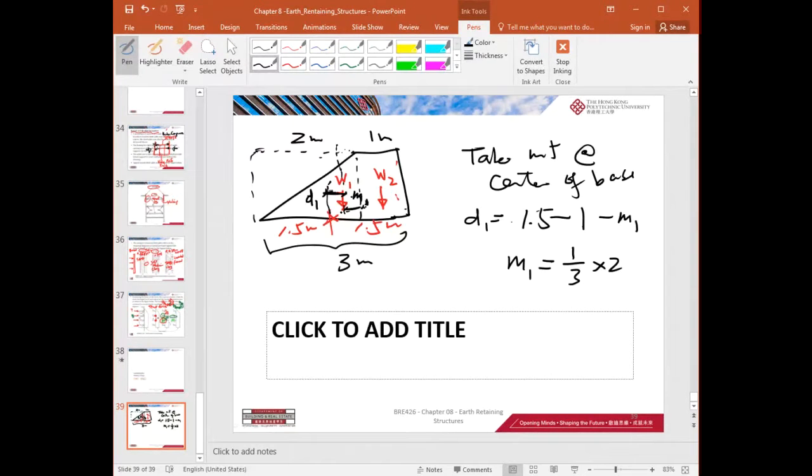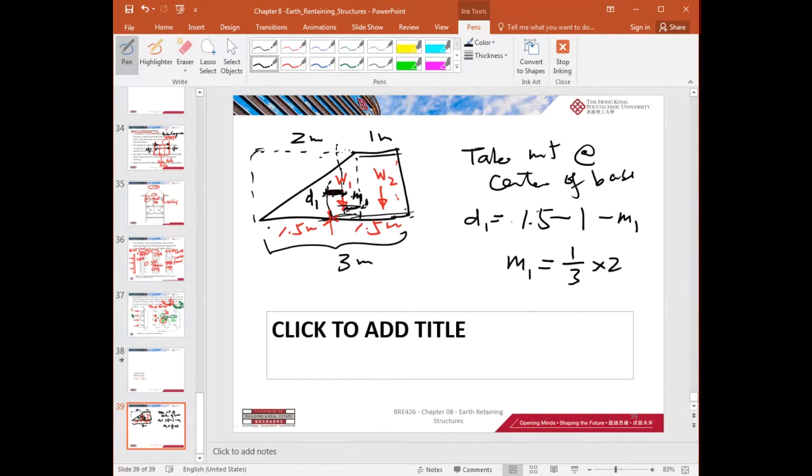Now let me repeat. D1 is equal to the distance between the middle of the base and the centroid of W1. So that is the D1. It's equal to 1.5 meters minus 1 meter, right? Minus M1. Is that correct? What's M1?